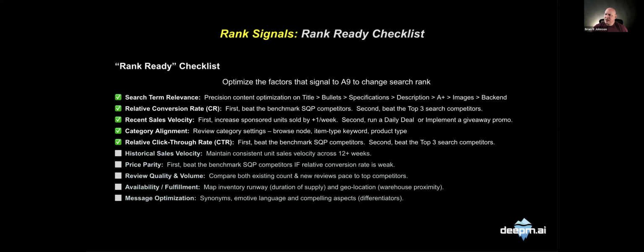Review quality and volume matter more in some niches than others. General practice: keep the reviews coming in. Don't artificially inflate those. One of the things we observe with DeepM clients is that we can see from week to week, oh, this particular week one of your competitors just out-optimized you on star rating and review count because they suddenly got 200 5-star reviews in the last week.